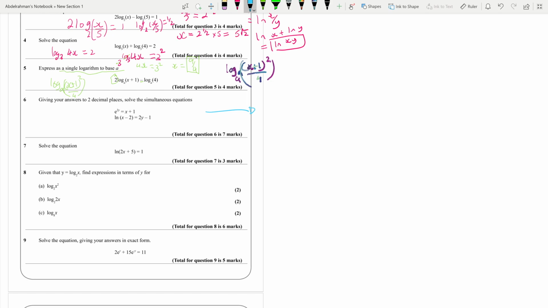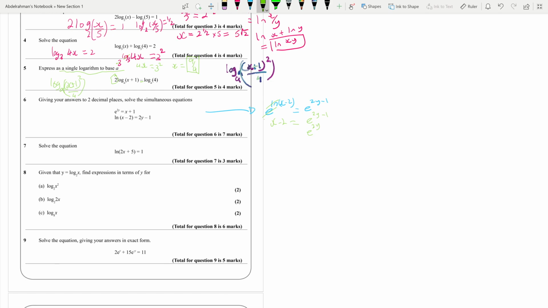So we leave e to the y as it is for now, but for this one we can do it again. ln of (x minus 2) is equal to e to the y minus 1, and we know that these two cancel each other out, so it will be x minus 2 equal e to the y minus 1.